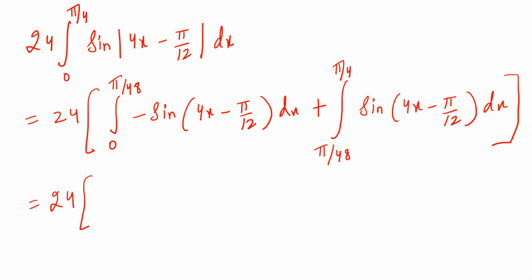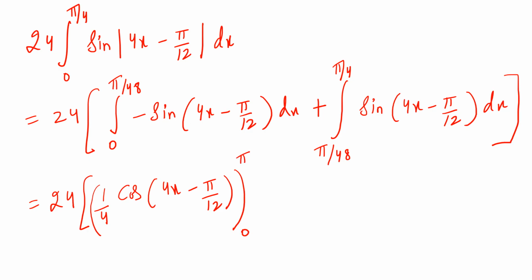Now this becomes 24 times. The integral of minus sine of (4x minus pi upon 12) is cos of (4x minus pi upon 12) divided by 4, and this value is under the limits 0 to pi upon 48.